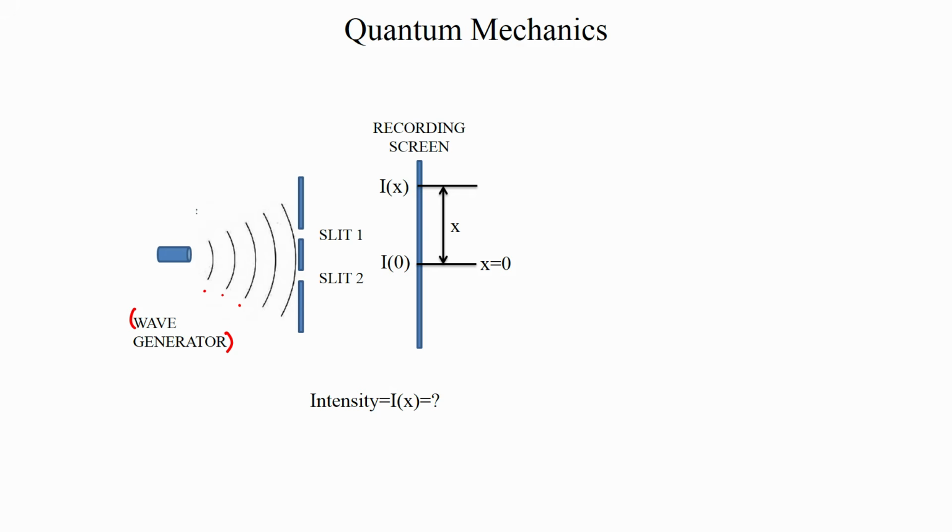And once again we need to keep a recording screen, and we want to record the intensity of the wave observed on the screen. And we want to find out how the intensity varies with x.